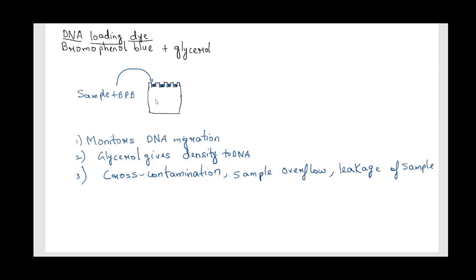Bromophenol blue gives a bluish color to your DNA sample, so that it is easy to monitor the DNA migration. And glycerol gives density to your DNA sample, so that it doesn't leak out of the wells. The DNA loading dye is also useful in monitoring cross contamination, sample overflow, or if there's any leakage of sample.